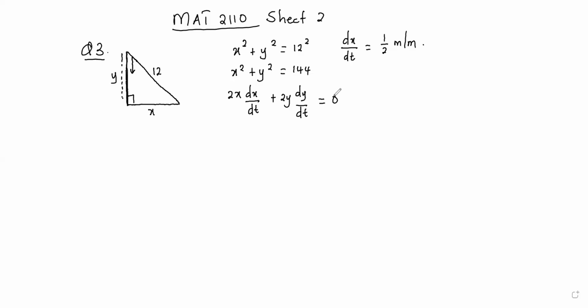is equal to 0, like that. So now since dx/dt is known, we'll substitute it directly. It's half and then plus 2y dy/dt equal to 0. Is there a question?